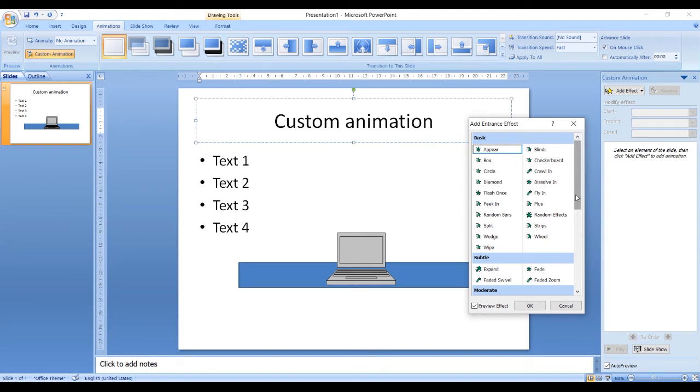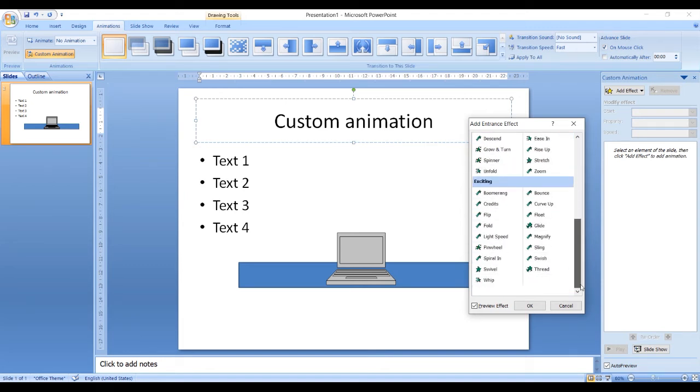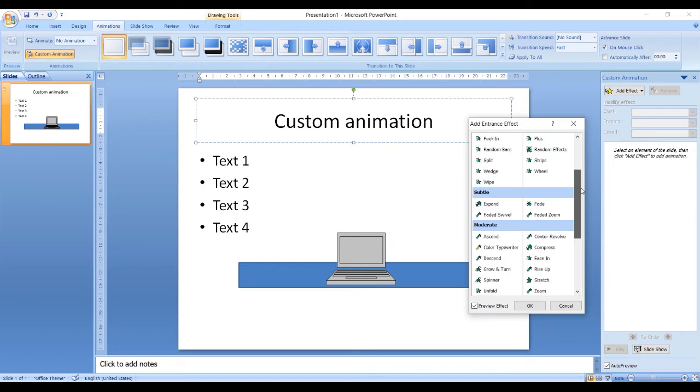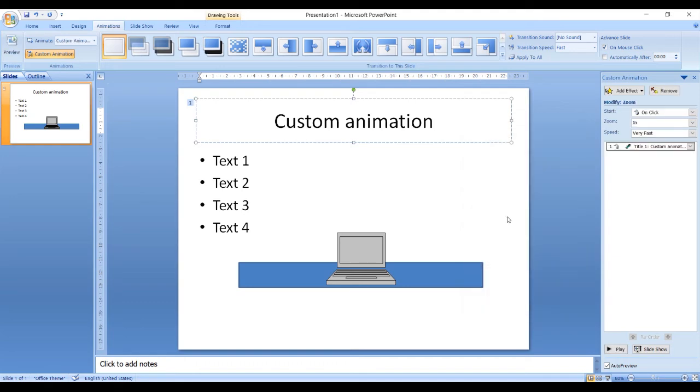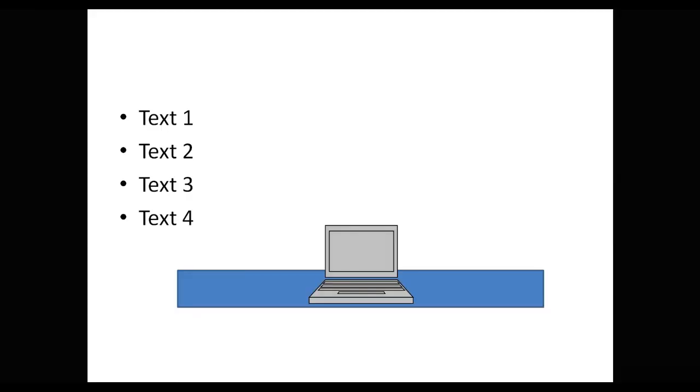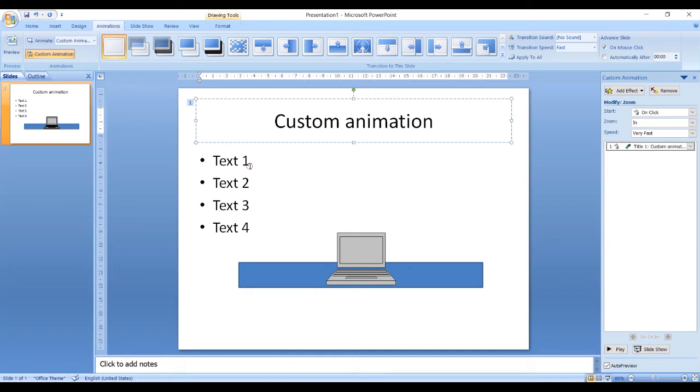But if you want to let it come out from one portion to another, like this one, which comes out from somewhere in the middle, or if you want to let it just come from this area only, you can apply the zoom also, so it will appear like that. Click OK. So let's see the preview.